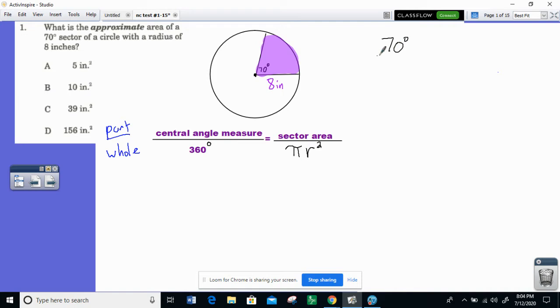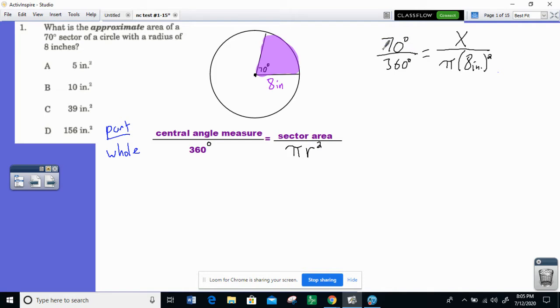70 degrees over 360 degrees equals, we're going to let x be our sector area, and then we're going to put the full area of the circle, pi times 8 inches squared. So part over whole for the degrees equals part over whole for the areas.